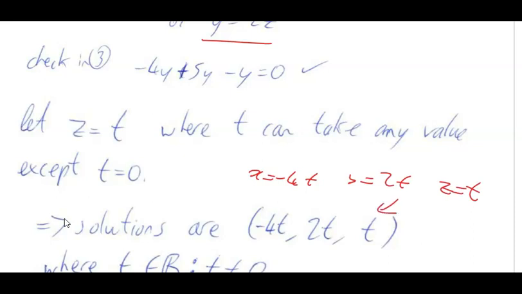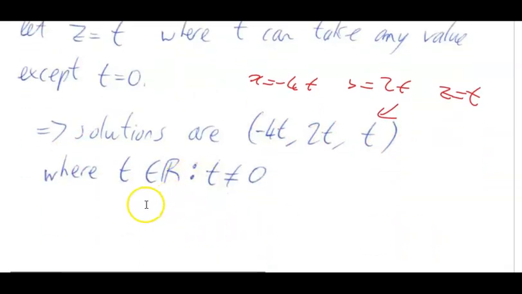So that's what you get as your solution. This is a parametric equation of a point on the line, so the solutions are a line. There you've got your parametric form, where t belongs to the set of reals such that t cannot be equal to 0, because if t is equal to 0, it would be the trivial solution, which we do not want.